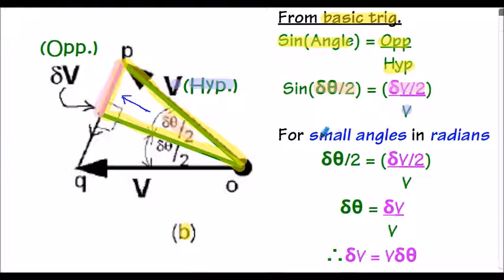Again, for small angles in radians, sine of delta theta upon 2 can be written simply as delta theta upon 2. Multiplying both sides by 2, the 2s cancel, so we're left with delta theta equal to delta v divided by v. And rearranging for delta v, in other words multiplying both sides by v, the change in velocity is equal to v delta theta.